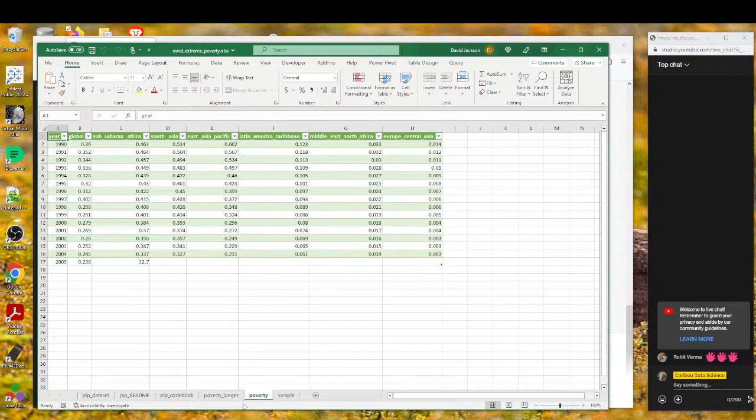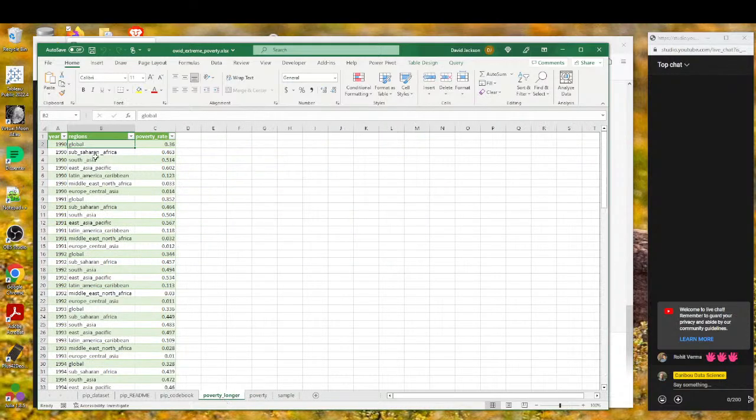Then I used the unpivot function, so it gives me one row for each of the values, which I'm going to call regions, for each year. And this is the rate, I believe, of people living below the poverty line, which is defined, I think, as making less than or equal to $1.90 per day.